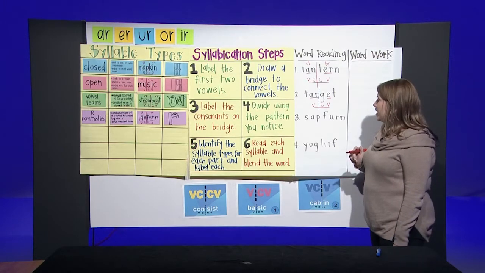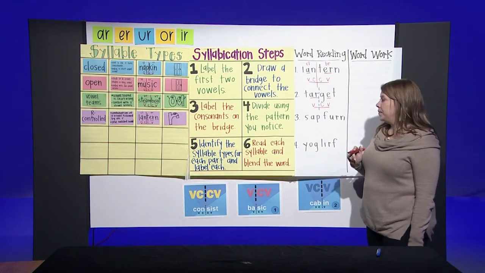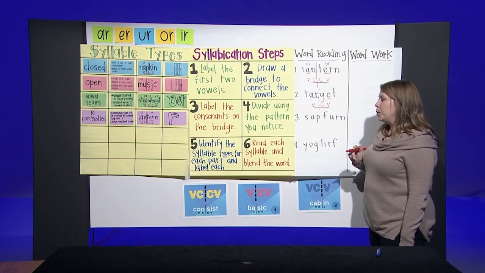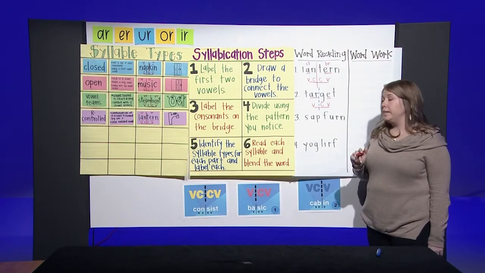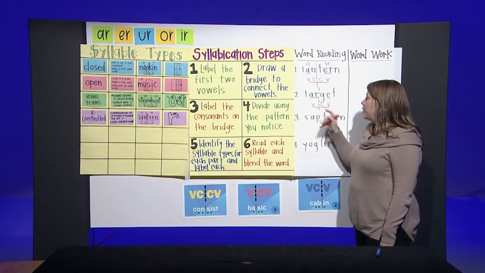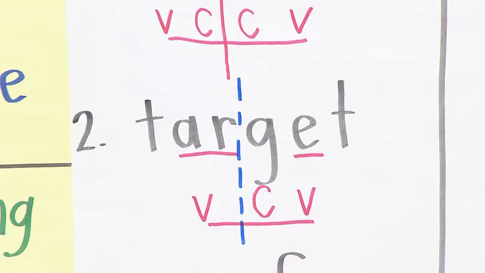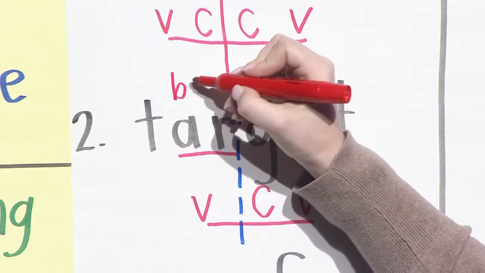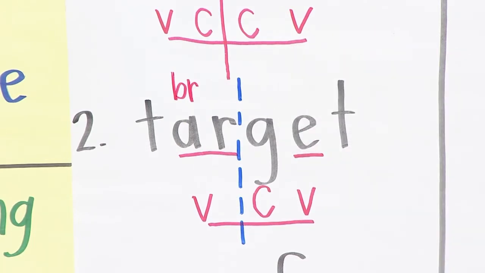Good. Let's look at step number 5. Identify the syllable types for each part and label each. What do you notice about our first syllable? That's right. AR are together as an R-controlled syllable, or Bossy R. So let's put BR to remind us.